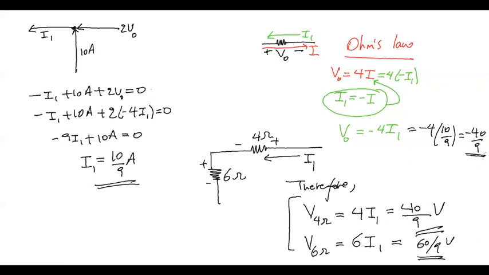V naught is minus 40 over 9, which is true because V naught is labeled as plus minus, opposite to the polarity of the voltage across the 4 ohm resistor. So V naught is minus 40 over 9 volts, whereas the voltage across the 4 ohm is 40 over 9 volts. They have the same magnitude but opposite polarity. With this, we end the solution of this example.